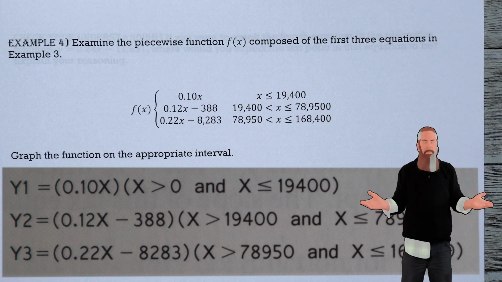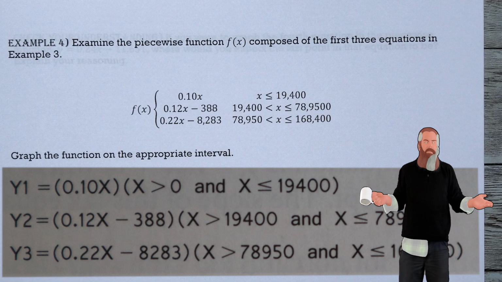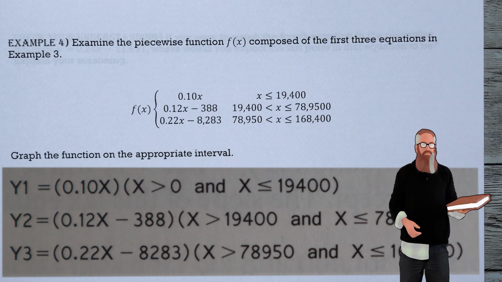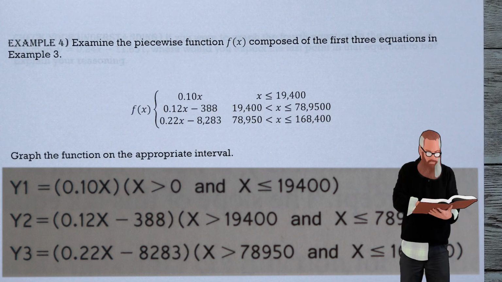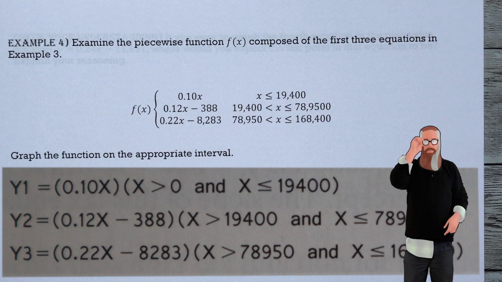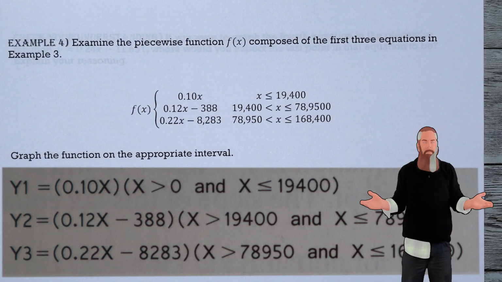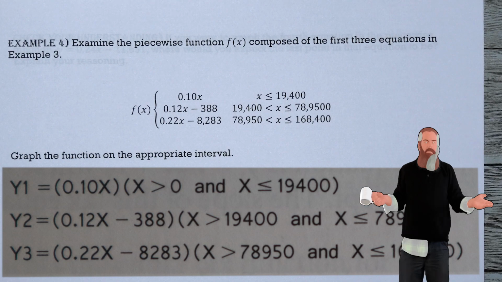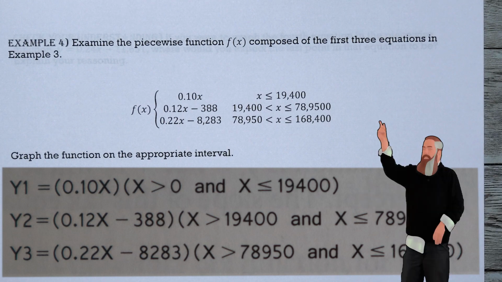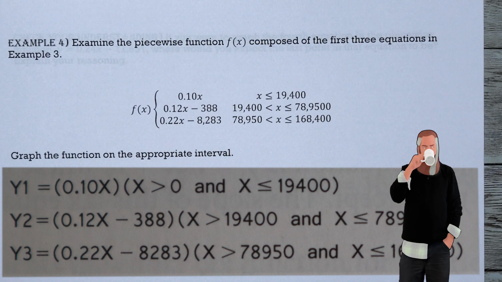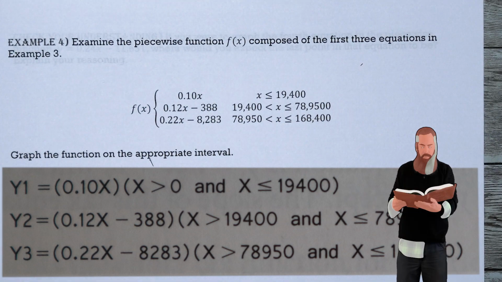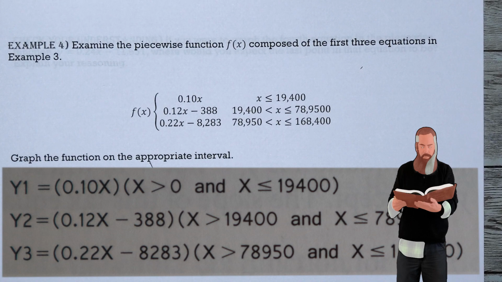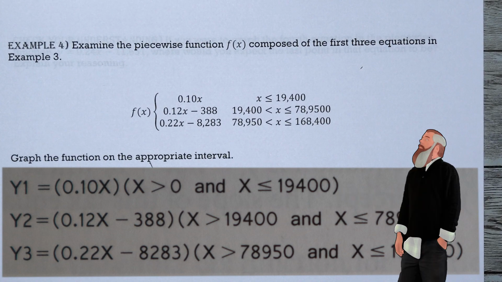So y1 is equal to (0.10x)(x greater than 0 and x less than or equal to 19,400). y2 would be equal to (0.12x minus 388)(x greater than 19,400 and x less than or equal to 78,950). y3 is equal to (0.22x minus 8283)(x greater than 78,950 and x less than or equal to 168,400).